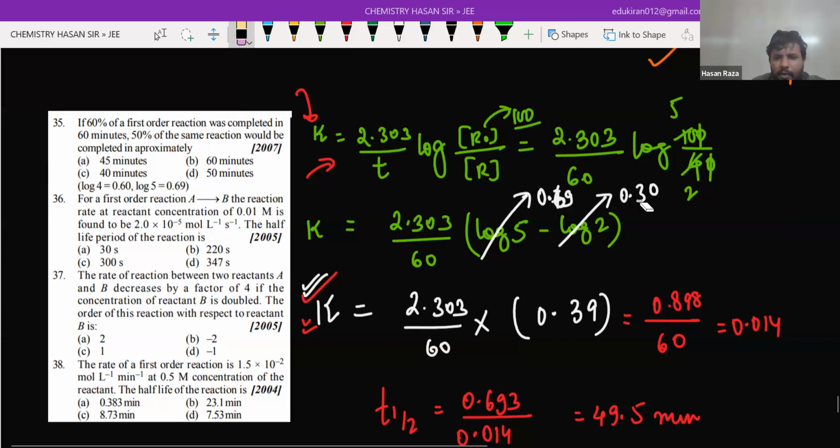T half is equal to 0.693 upon K. 2.303 into 0.39, okay, that is okay. Divided by 60. That comes out to 0.014.